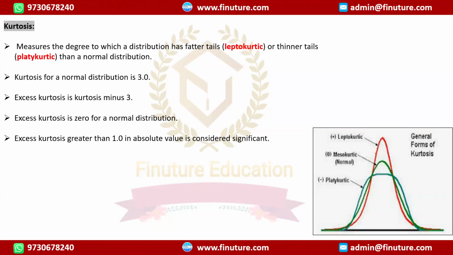Like we studied the mean, which is the first central moment, variance is the second central moment, skewness is the third central moment, kurtosis is the fourth central moment. In the FRM curriculum, we have to study till the fourth central moment. And for kurtosis, from an understanding point of view, you can just think that it is a measure of peakedness.